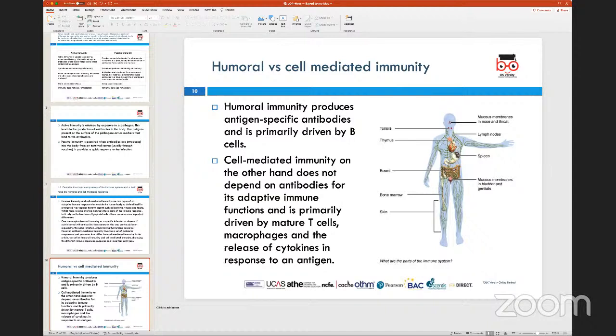So when we look at cell-mediated immunity, the word that should come to your mind is cytokines, as we looked at in that video.